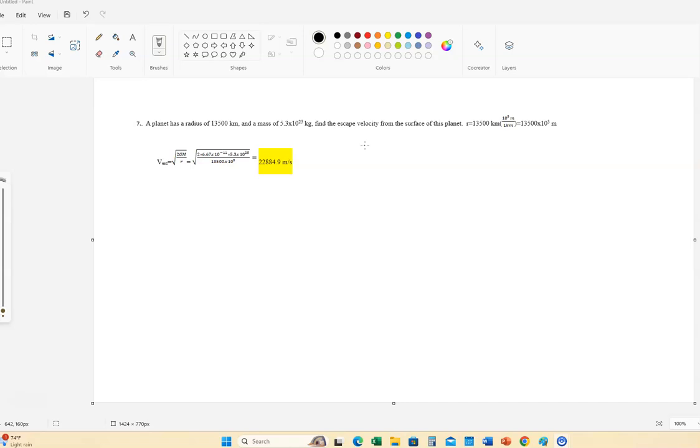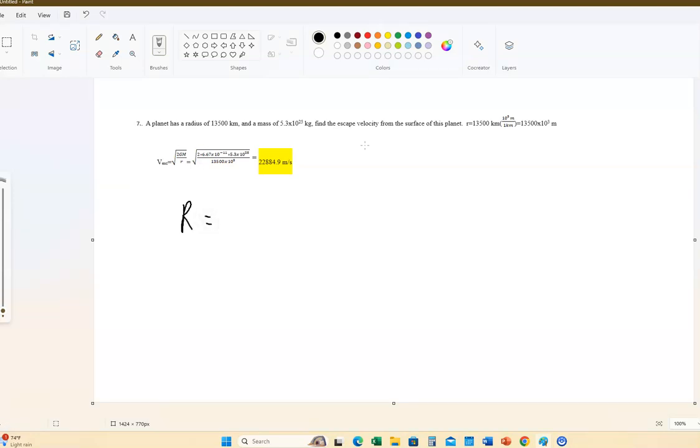So we have R. I guess I used a little r right there. You can use the big R, I didn't mean to do that. So it's 13,500 kilometers, right? And I know that in 1 kilometer, because it's the metric prefix kilo, it's times 10 to the third meters.